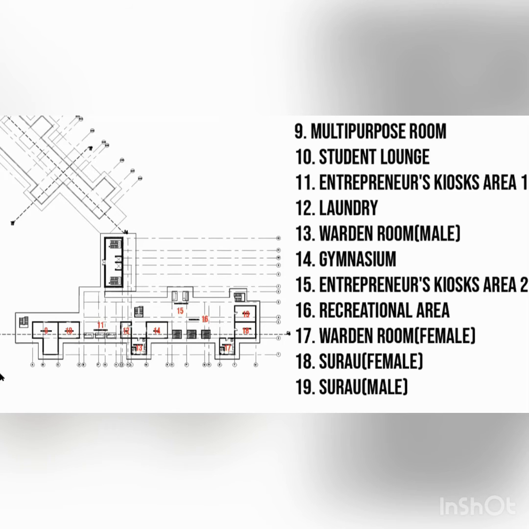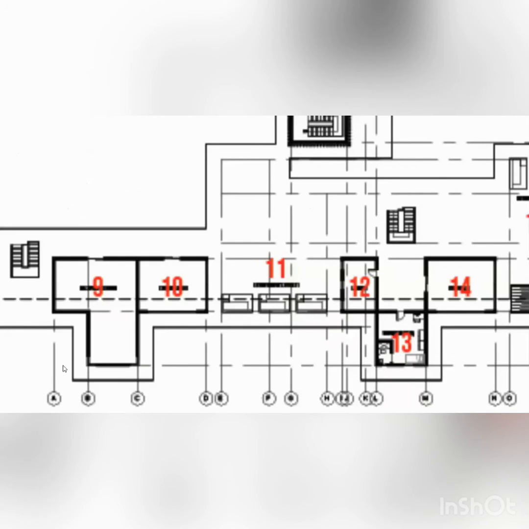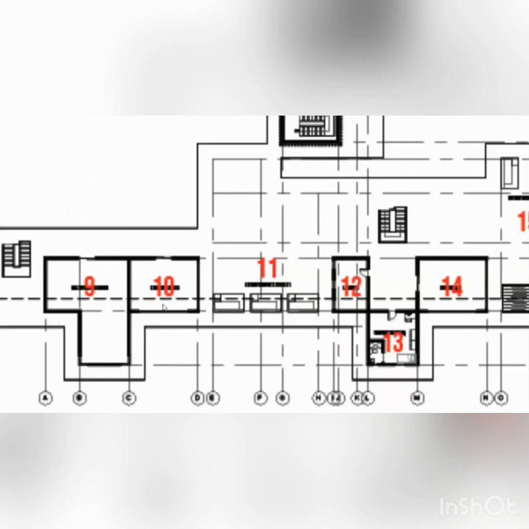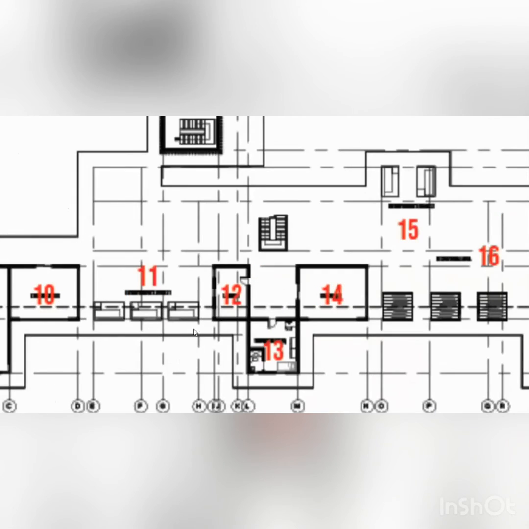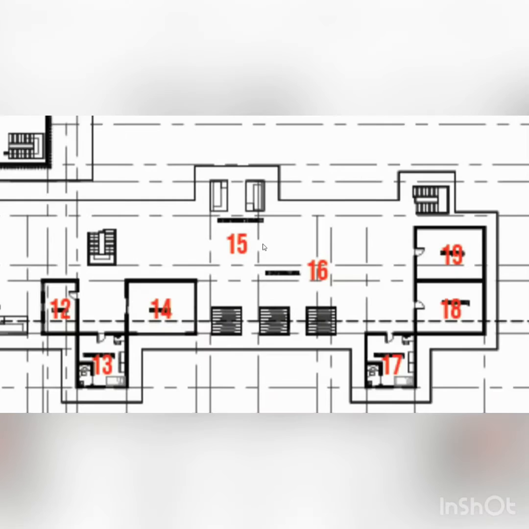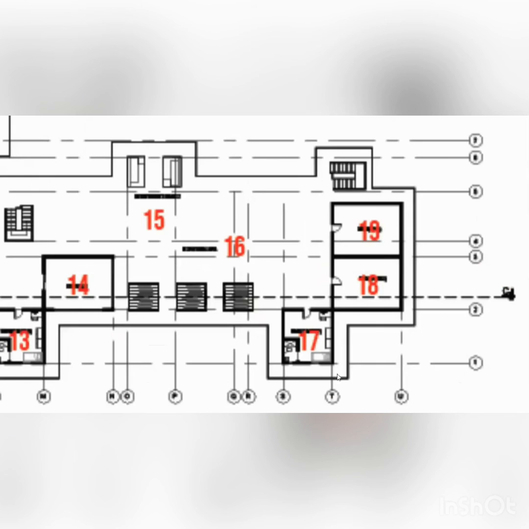Number 9 is the multi-purpose room. Number 10 is the student lounge. 11 is the entrepreneur kiosk area number 1. 12 is the laundry room. 13 is the warden's room for male. 14 is the gymnasium. 15 is entrepreneur kiosk area number 2. And 16 is the mini recreational area. 17 is the warden's room for female. And 18 and 19 are the surau for female and male respectively.